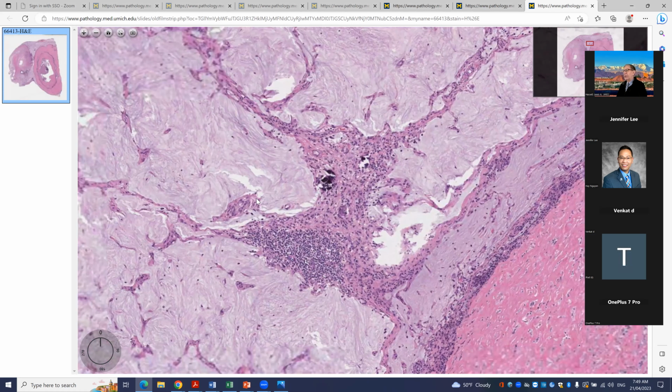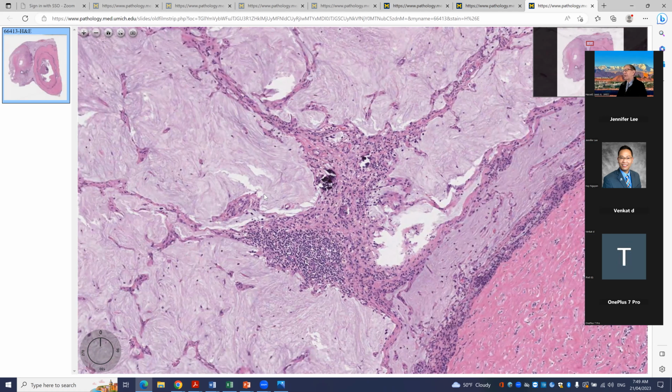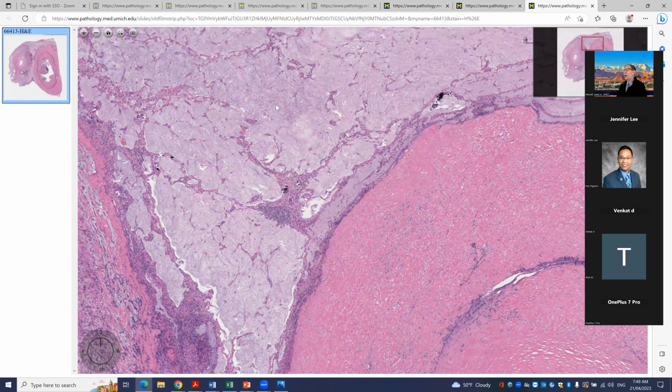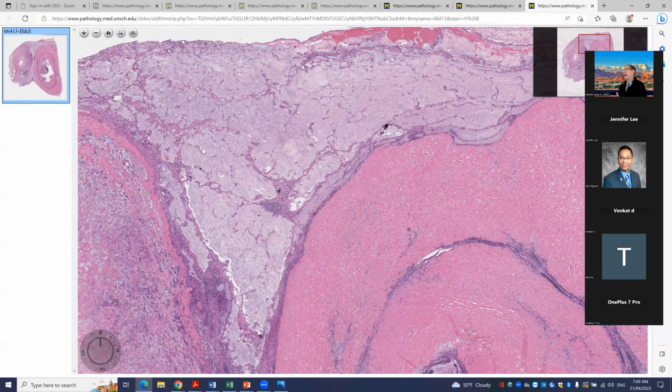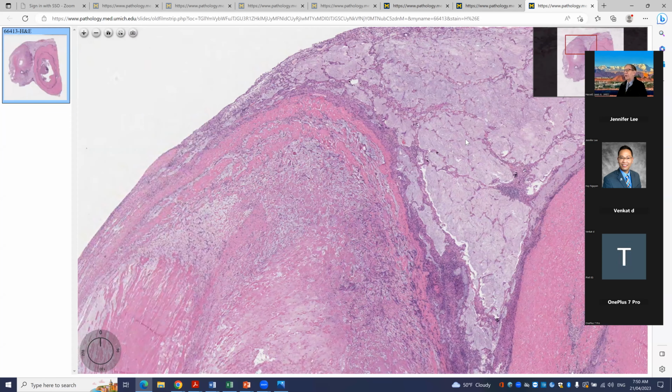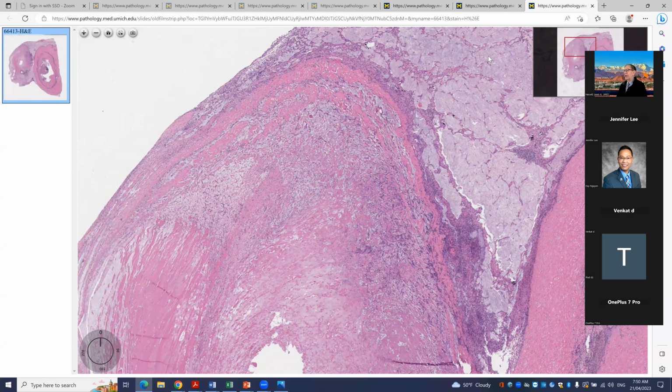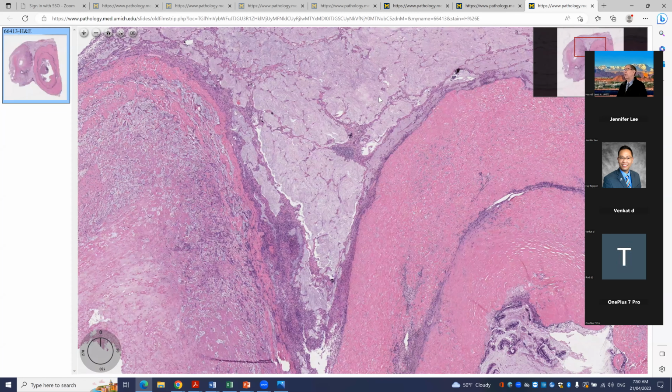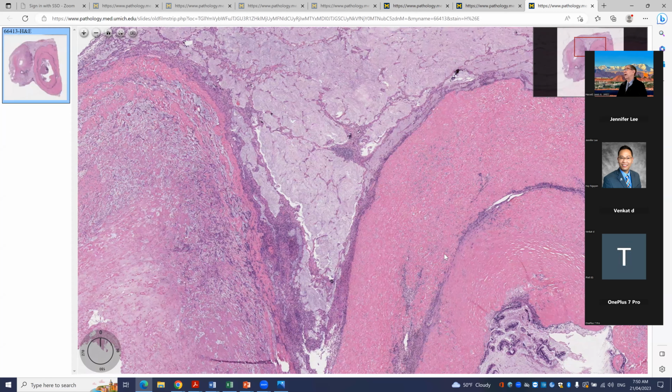So you would follow the staging criteria and conventions to stage this, but noting that the mucin that's outside the wall is acellular is very helpful to the clinician to understand the kinds of therapies that are likely to be helpful as opposed to those that are likely to be just toxic and not particularly helpful. So the low-grade appendiceal mucinous neoplasms have very few or no epithelial cells in the mucin, even though it's present within the lumen of these cases.